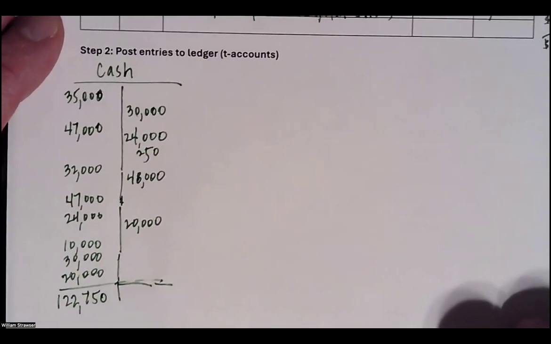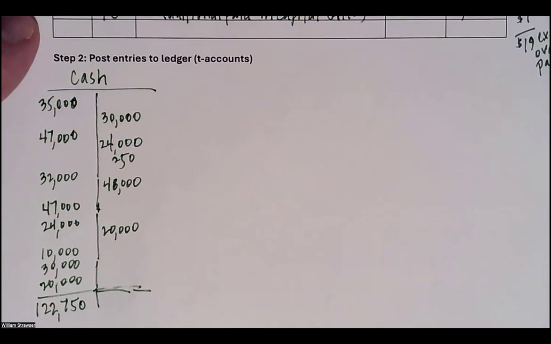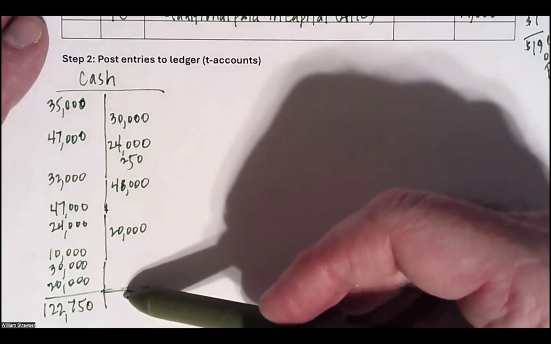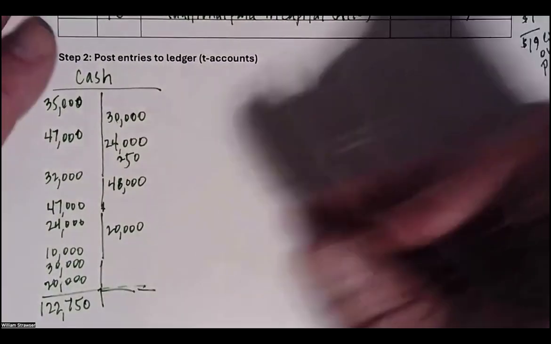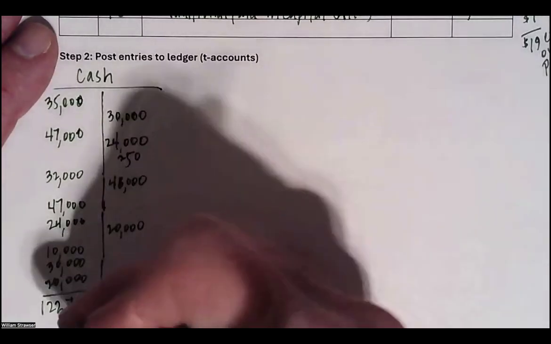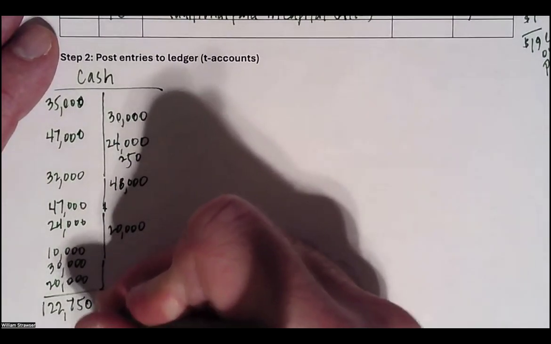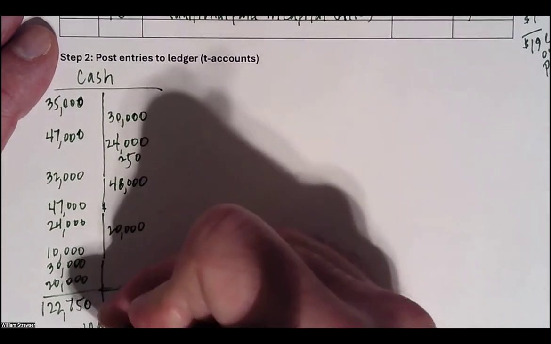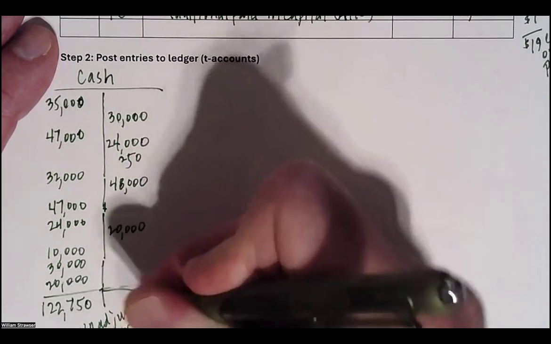Okay. This is if we have now included all of the cash transactions that we recorded in our journal entries. This would be our unadjusted cash trial balance, unadjusted trial balance amount.